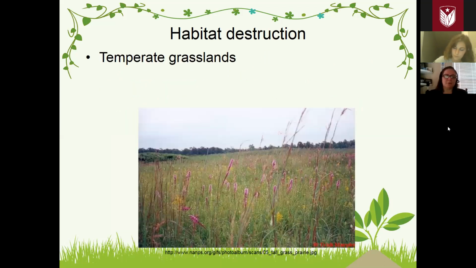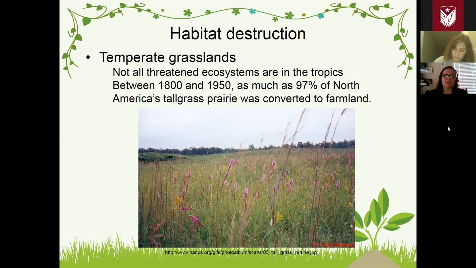And as I mentioned before, rainforests aren't the only habitats that have been altered by humans. Temperate grasslands, certainly in North America, is a big ecosystem that is important, certainly for our agriculture and for grazing. And it turns out that since the 1800s, as much as 97% of North American tallgrass prairie has been converted to farmland.